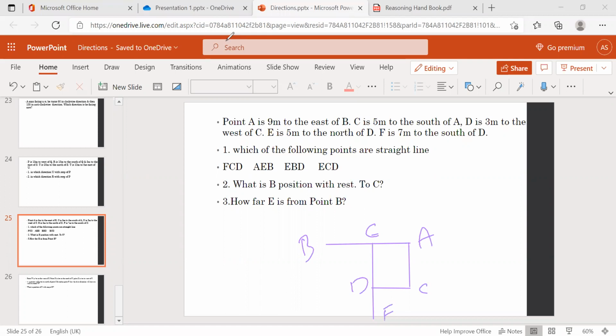So this is totally 9, and this is 5, and this is 3, and this is 5 upside, and this is 7. What's the first question? Which of the following points are in a straight line? F, C, D.